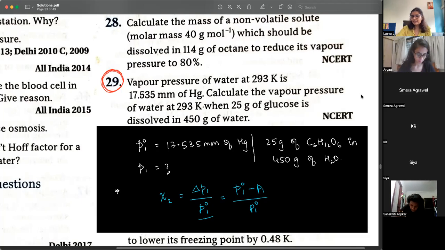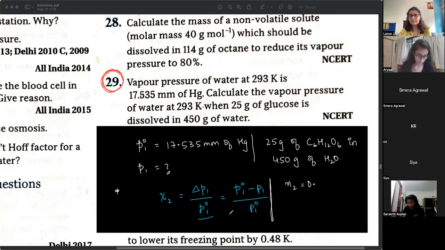Sia and Kaveri, can you tell me how you approached it? What did you do? We needed to find P1, right? Yes. So first I found the number of moles of glucose, that would be 0.16. 0.14 should have come. 25 divided by 180, right?